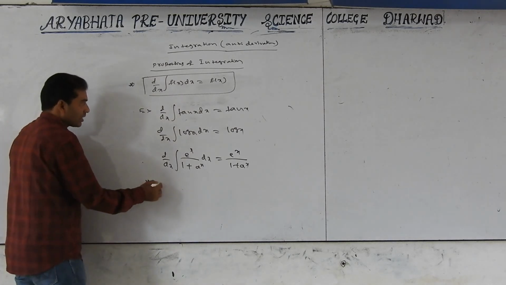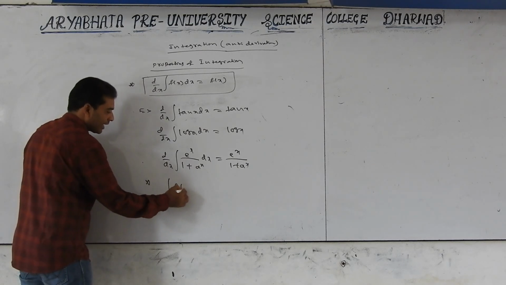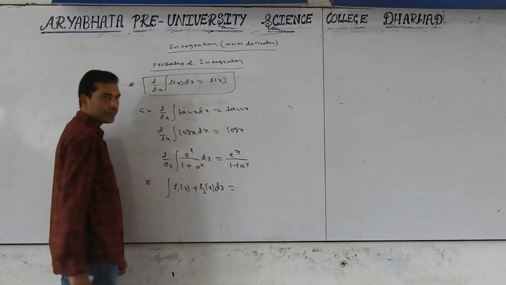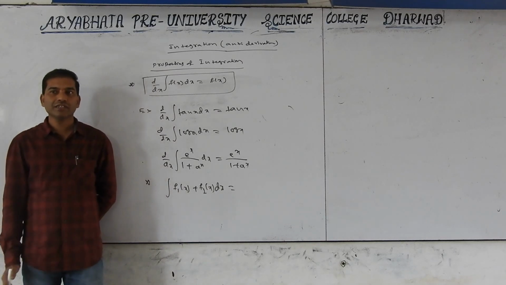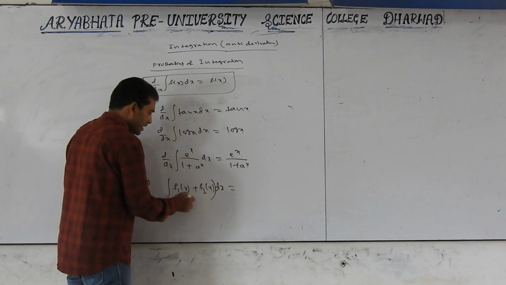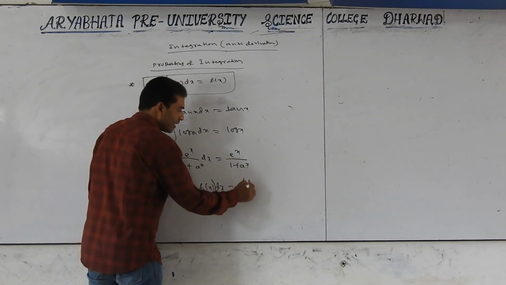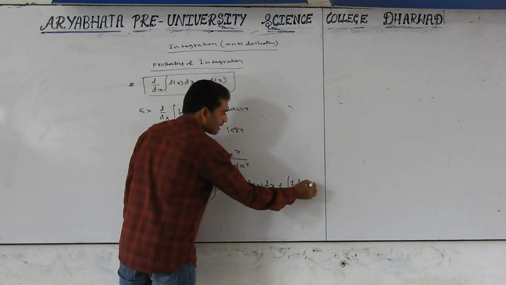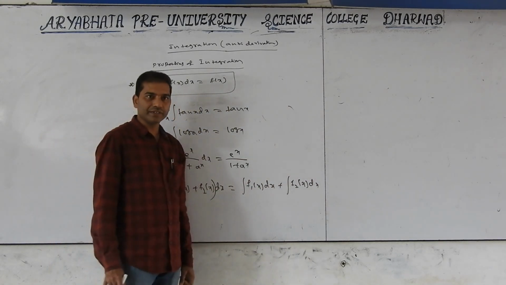Next, integration of f1 of x plus f2 of x dx. Like the property for u plus v, whose differentiation is du by dx plus dv by dx, the integration of f1 of x plus f2 of x dx we can split as integration of f1 of x dx plus integration of f2 of x dx. If more terms are there, the sum of terms, that also we can write.